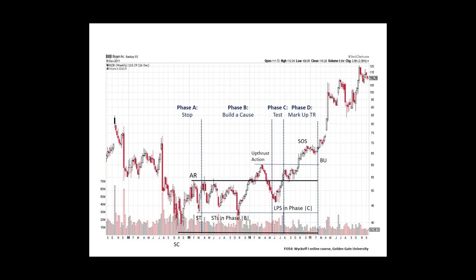Mm-hmm. Well, I've seen quite a few. I wouldn't say that there is a lot on the market, but the ones that I've seen, I tend to go away from them because the beauty of the Wyckoff method is all in the context. And Bruce, I want you to elaborate a little bit on this as well, from your experience.